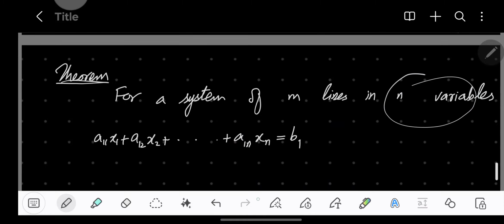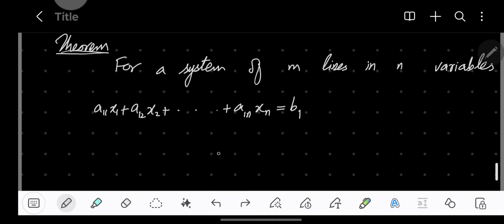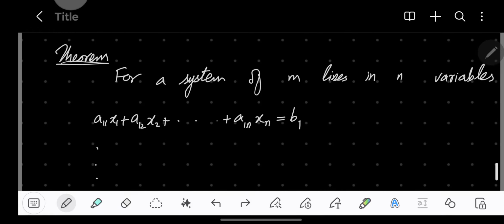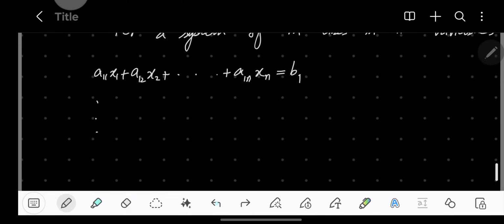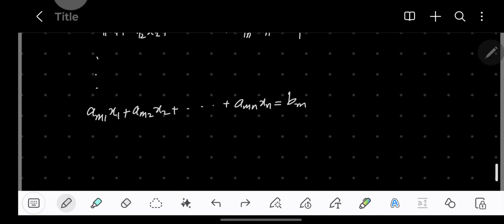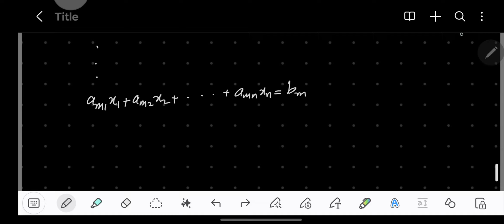Because there are n variables, I have written x1, x2 up to xn. Similarly, I will write other equations, dot dot dot. At the end, I will write the last equation. Since there are m lines, I will write m equations. So the mth equation will be am1 x1 up to and so on amn xn is equal to bm. So these are m equations and n variables.